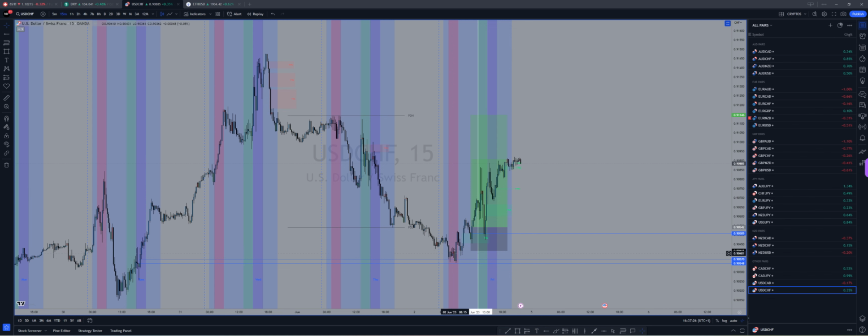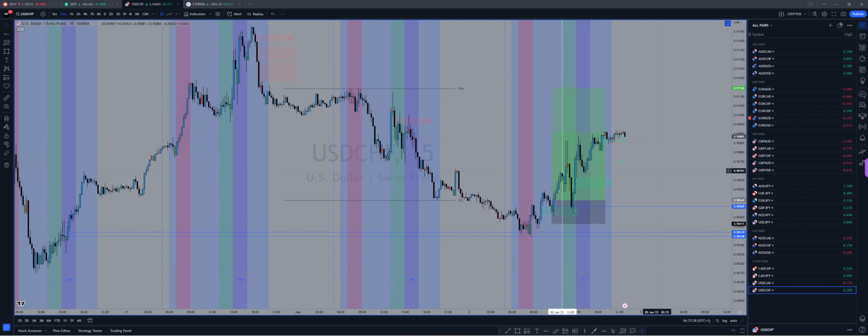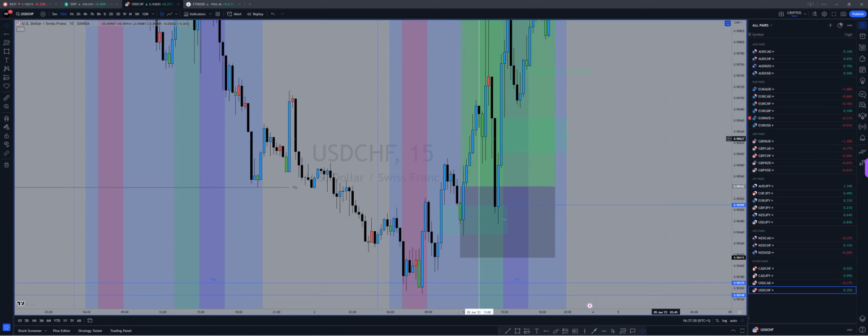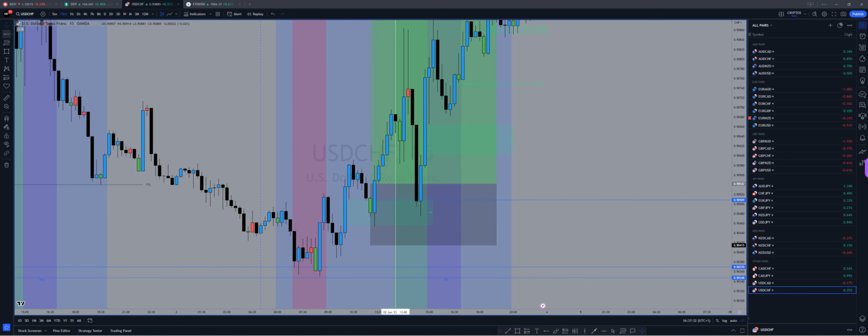So in London, using the power of 3, let me zoom in. This is the midnight opening price, and then we traded down into the level that I was anticipating, shifted, and then pulled back up.